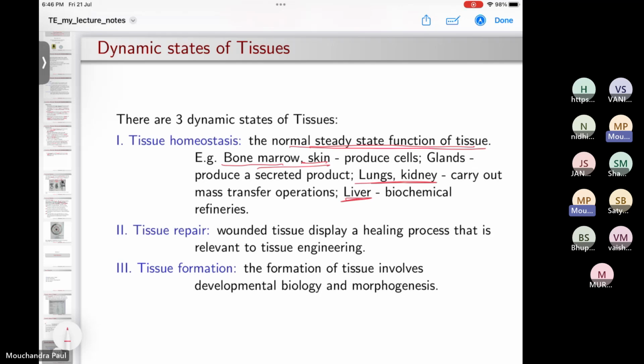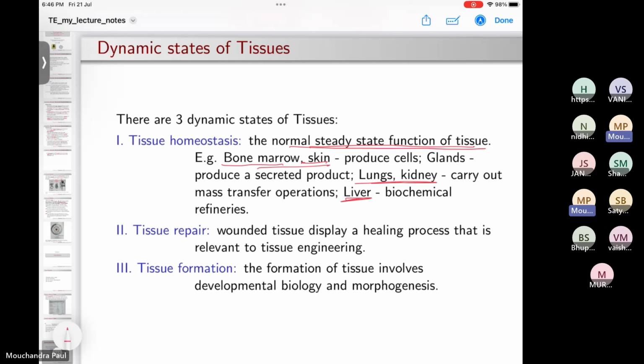And this is very important for us to understand, because why would anyone want to surgically implant a tissue engineered product? Because the surgeon is looking for repairing a particular deformed tissue.